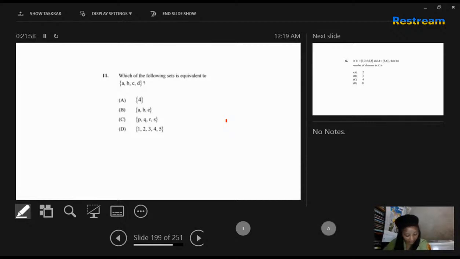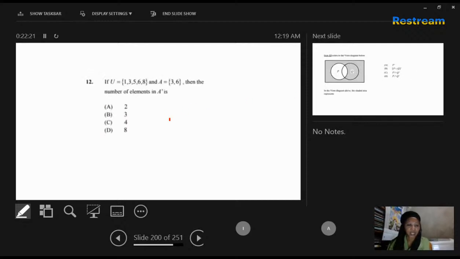In terms of sets, it's in terms of the number of elements. So ABCD has 4 elements, so we need a set that has 4 elements. That's correct. Equivalent sets have the same amount of elements.